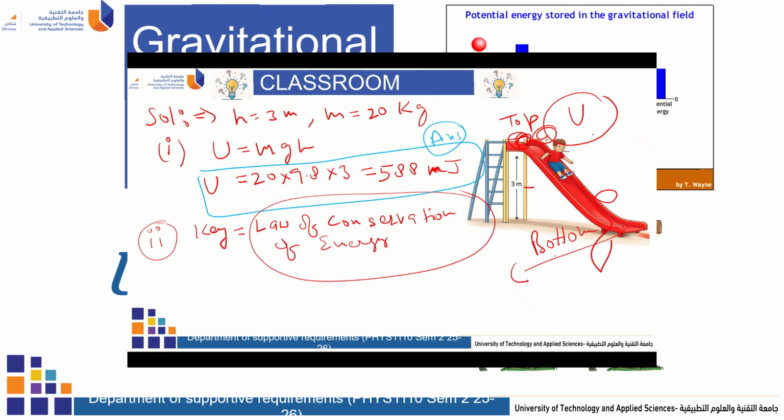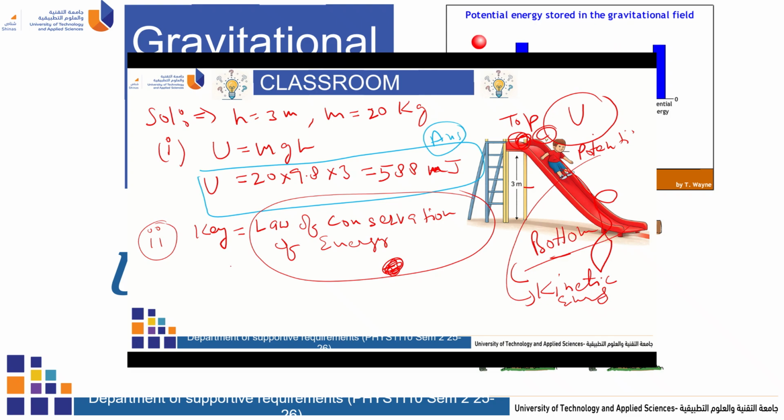Once this is coming to the bottom, this is a potential energy, the U is a potential. Once the child is coming here, this potential energy is changing to the kinetic energy. This is the law of conservation of the system.